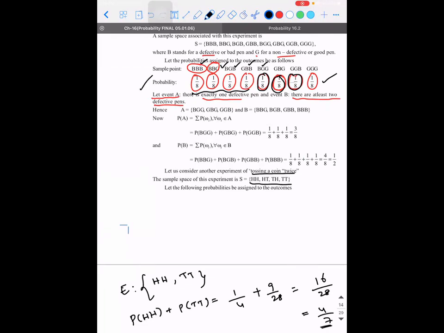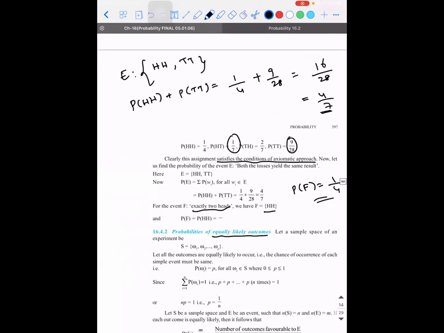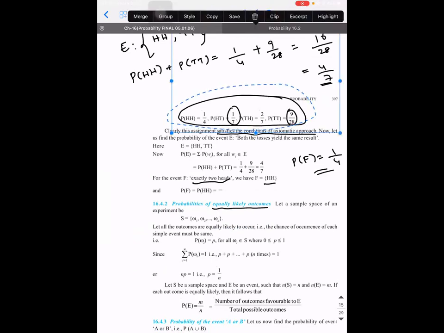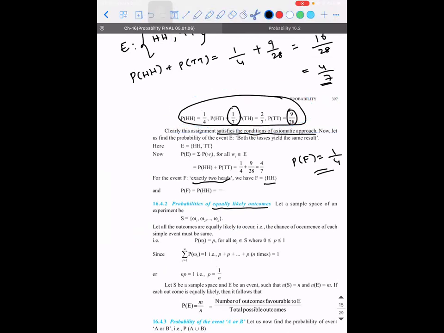So this is an example of equally likely outcomes. Whereas if you take this scenario, what can you say? The probabilities of everything are not equal.